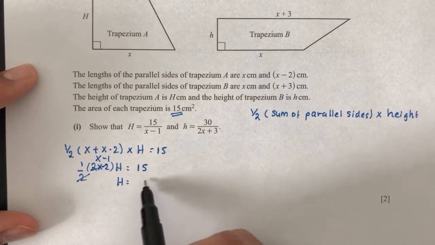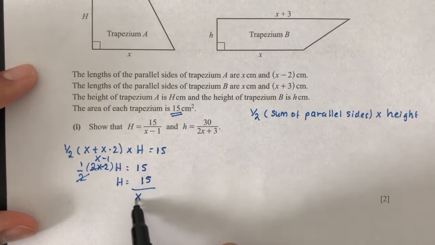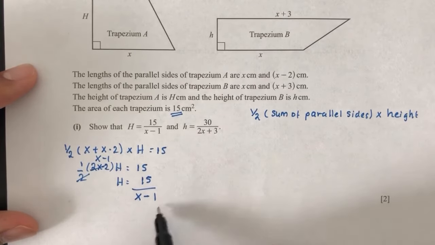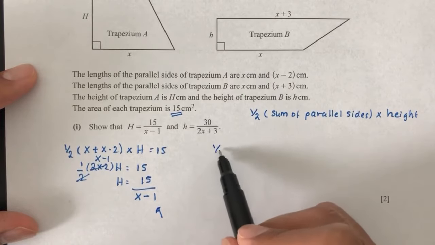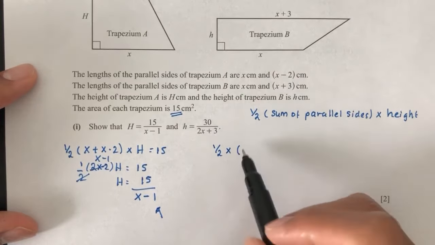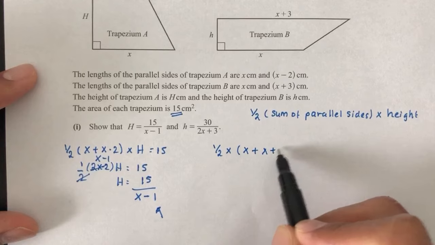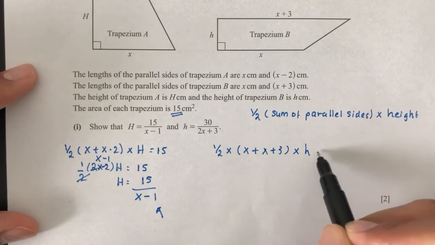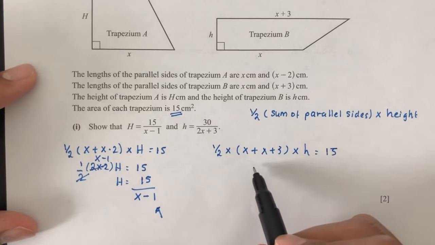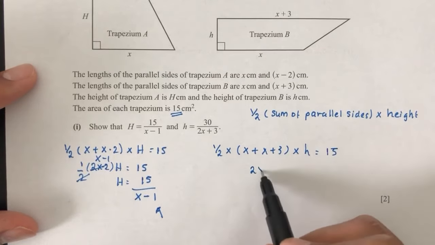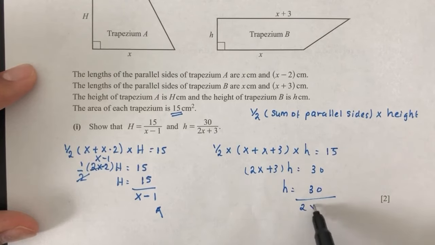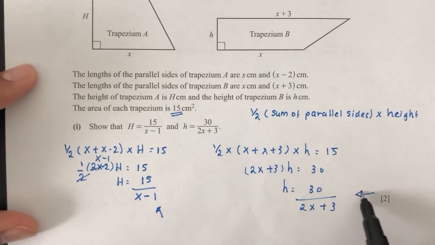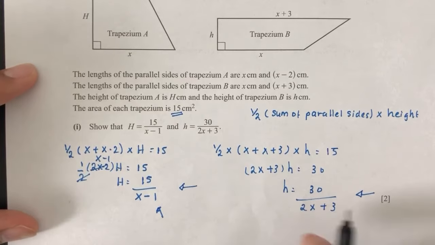So h becomes 15 over x minus 1. That's the first one shown. And this one, same thing again. Half times x plus 3 times height equal to 15. 2x plus 3 h equal to 30. So H will be 30 divided by 2x plus 3. So shown and shown as required.